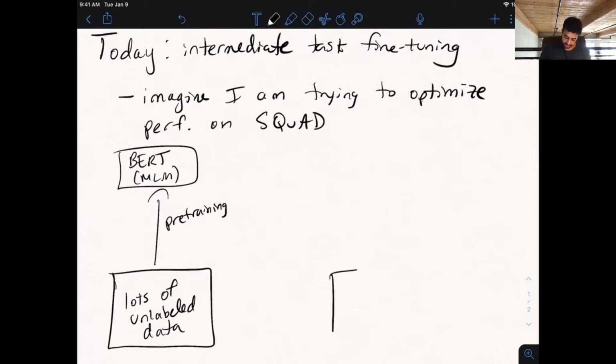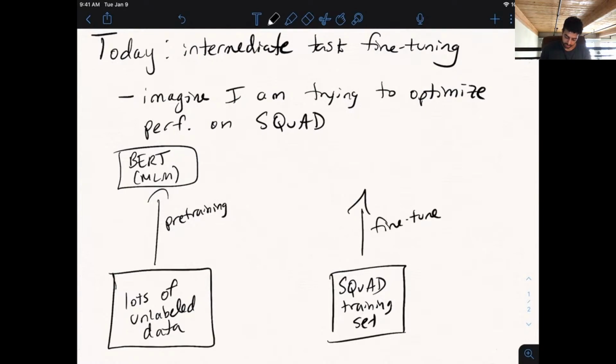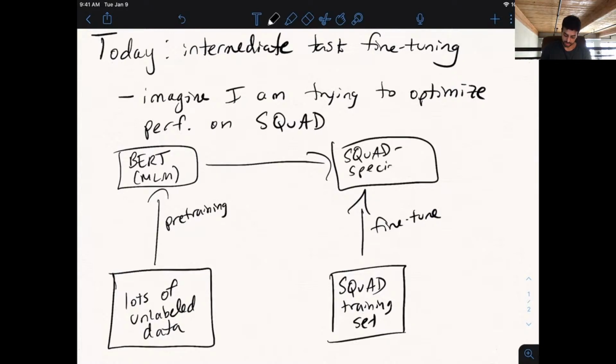And then we have access to our Squad training set, right? This is going to form our source of supervision, which we're then going to use to fine-tune the BERT language model into, let's call it, a Squad specialized model. Right, so this is the paradigm that we've talked about to this point, right? We start with BERT and then we fine-tune it to get the downstream model.